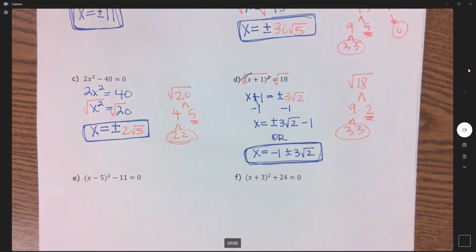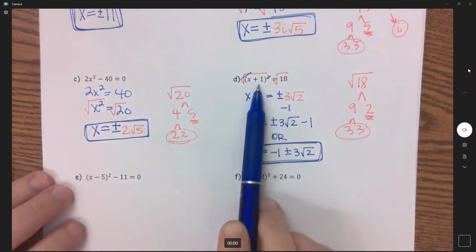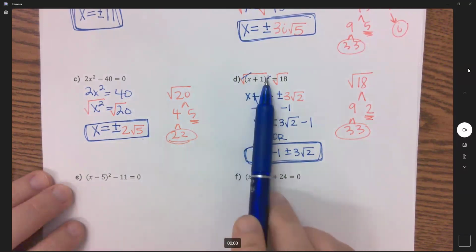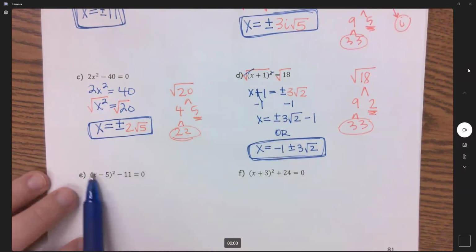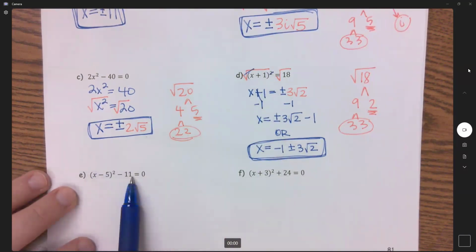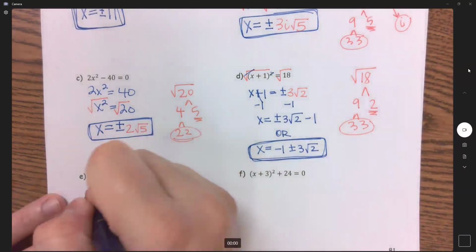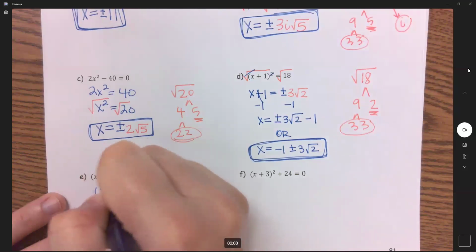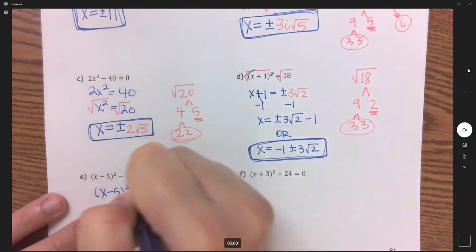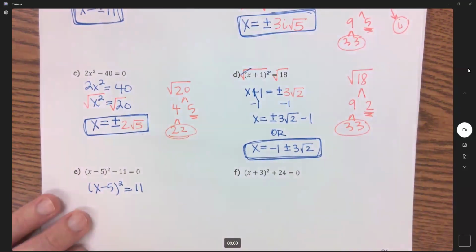So on part E, this one already had that squared component isolated. It's not isolated here. I have my squared component minus 11. So the first thing I need to do is move that over. And so we will have x plus 5 quantity squared equals 11.